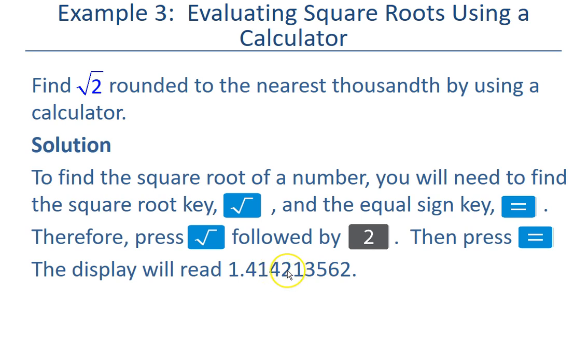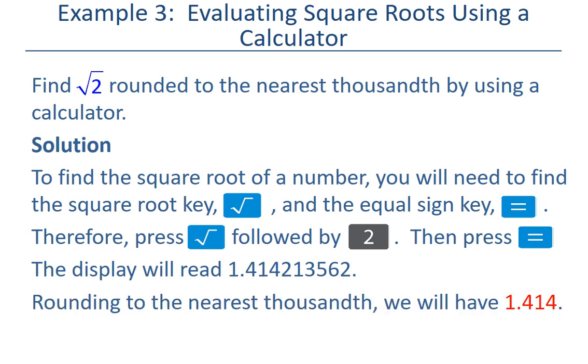But since it's less than 5, a 2, we're just going to drop all of this, and our square root of 2 rounded to 3 decimal places would be 1.414. And that sounds like a good quiz question for me. And there's the answer.